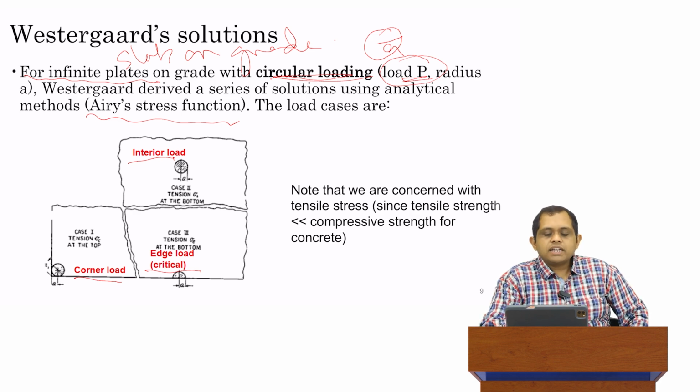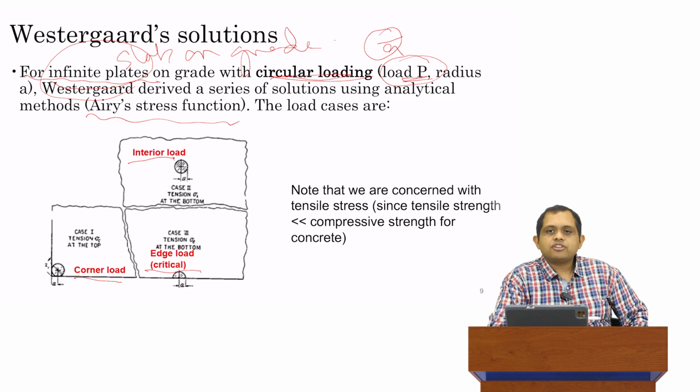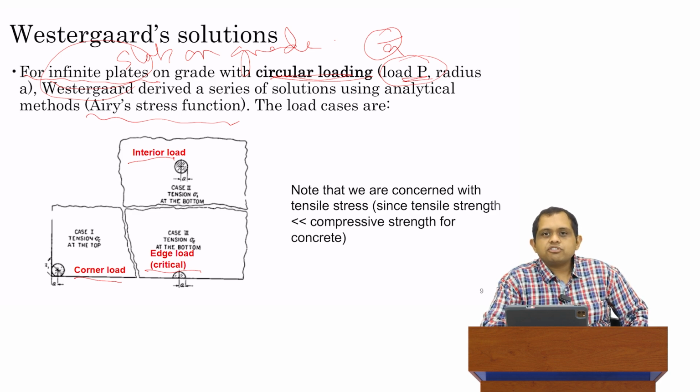In interior loading, the basic assumption is that the load is in the middle of the plate, and the plate has an infinite dimension, which I've highlighted here. It has an infinite dimension, which is just to say that the joints are very far away from our load. So that's what interior loading means. Corner loading, obviously, we have a joint. That's why we have a corner. But we assume that the other joints are very far away.